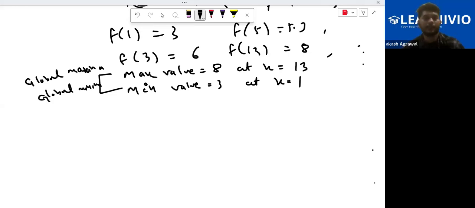Same with the minima. Okay, everyone understood? Yes, sir. You can note it down if you want.